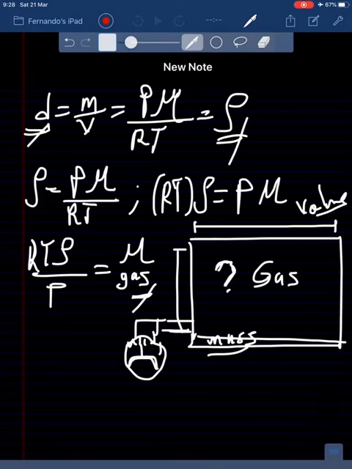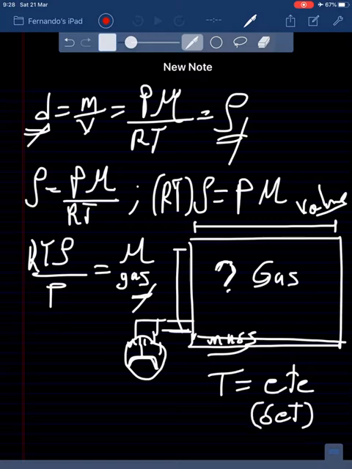And also something really important is that I'm going to set my conditions, and I'm always going to work at a constant temperature. I'm going to decide at which temperature I am going to perform my experimentation. That means that I have everything to determine how I'm going to carry out my experiment.